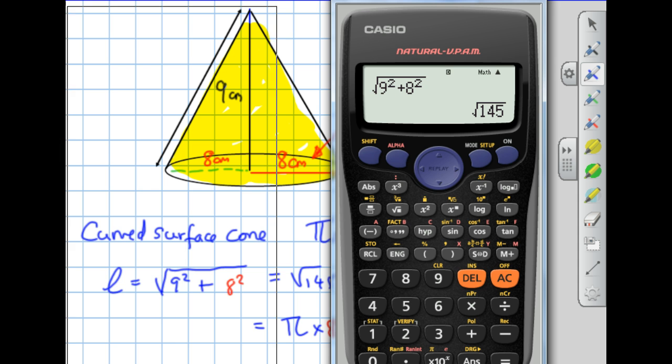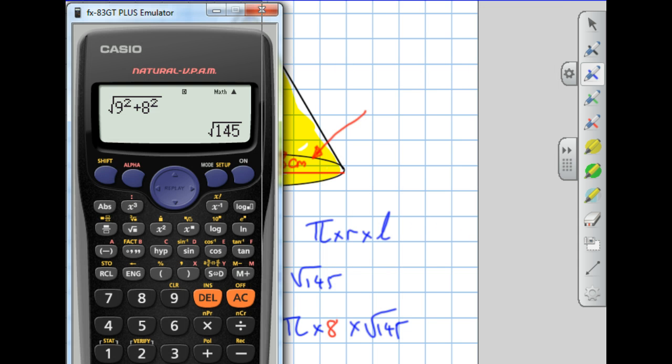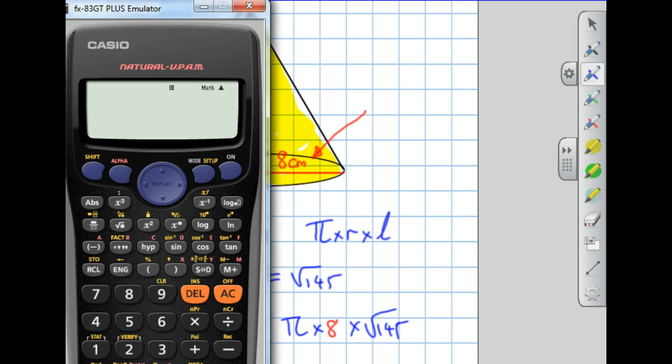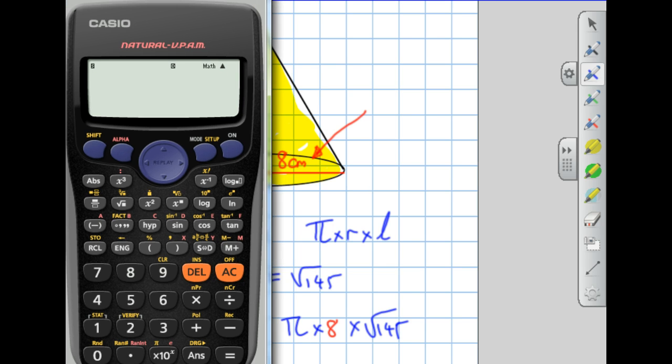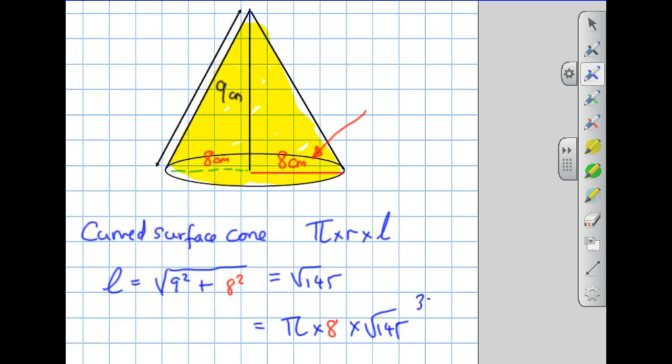Let's move that over here so you can see the exciting action of somebody pressing some buttons on a calculator. Shift times 10 gives you pi times 8 times root 145, and there's the answer, 302.6 to 1 decimal place.